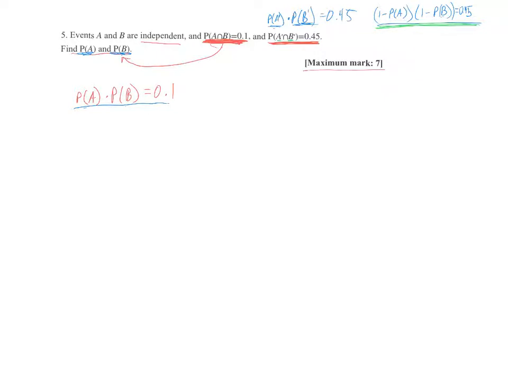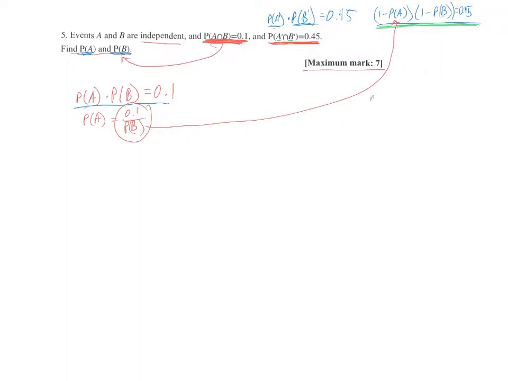Now, of course, because I have two unknowns, sticking with this, I could just say that the probability of A equals 0.1 divided by the probability of B. And so I could take this and put it in for the probability of A and then solve, right?